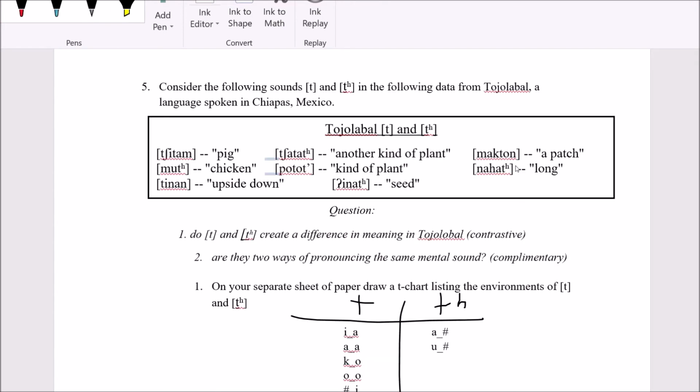So now we will move forward and jump ahead to the next Tojolabal example. These are similar to what you might see on your test.